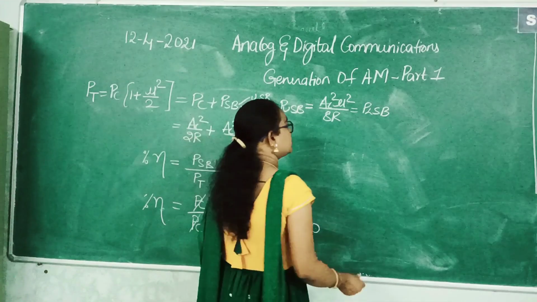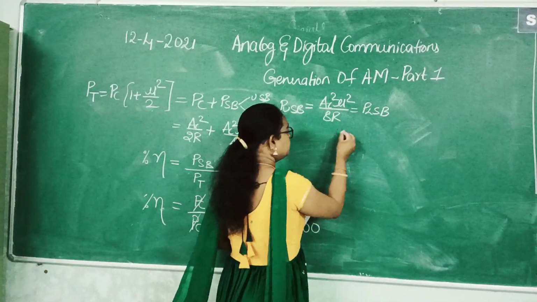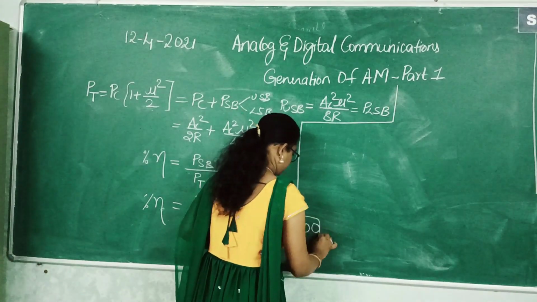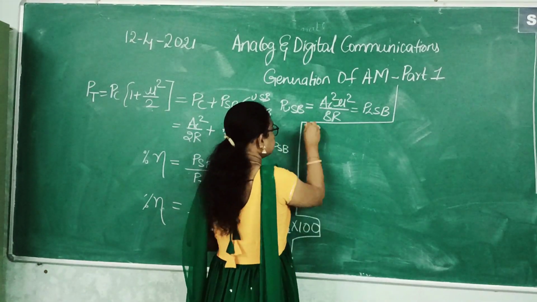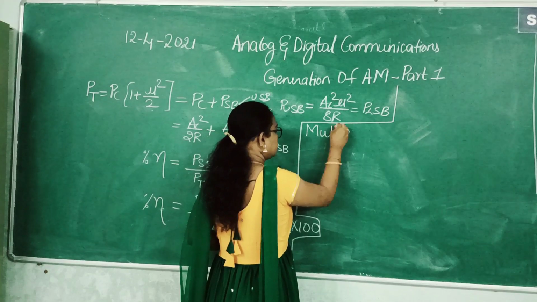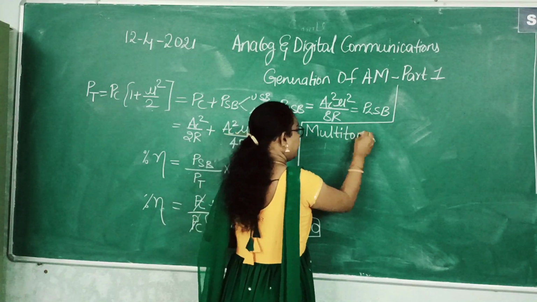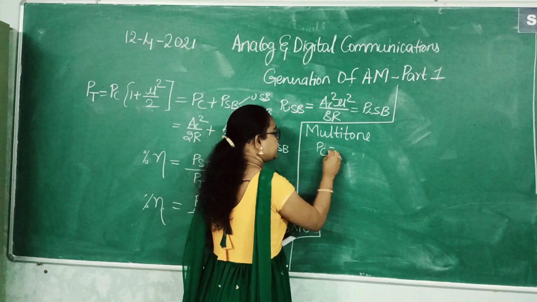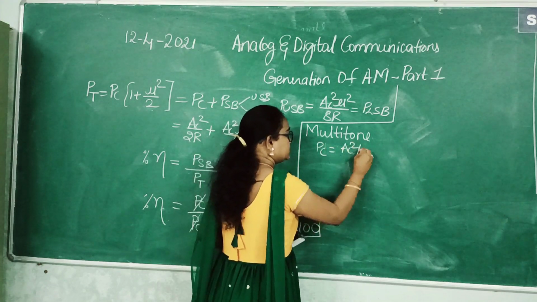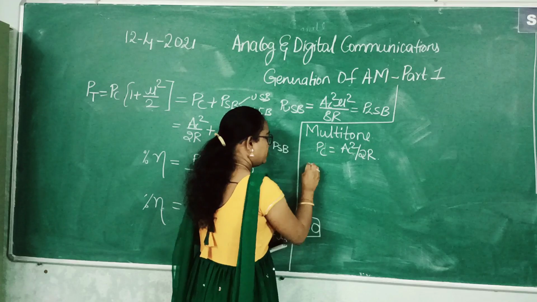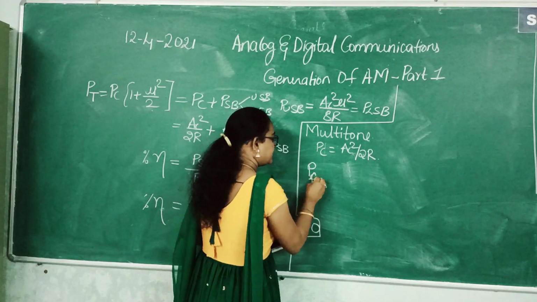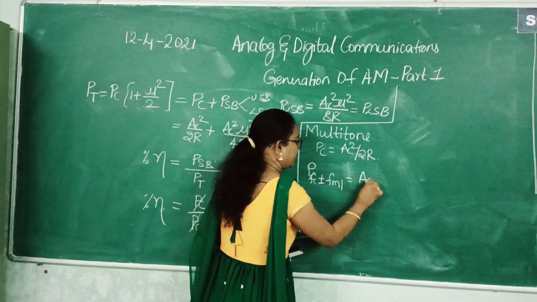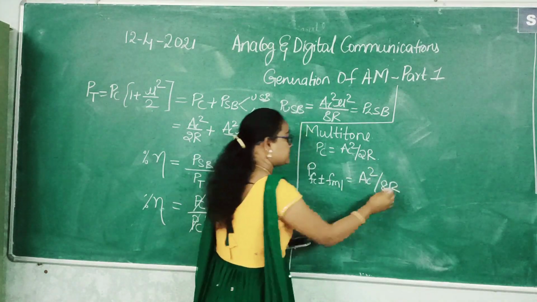Coming to the multi-tone, in multi-tone we have carrier power as Ac square by 2R, whereas the power at fc plus or minus fm1 is Ac square mu square by 8R.